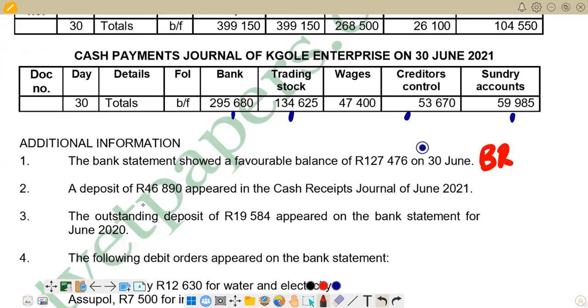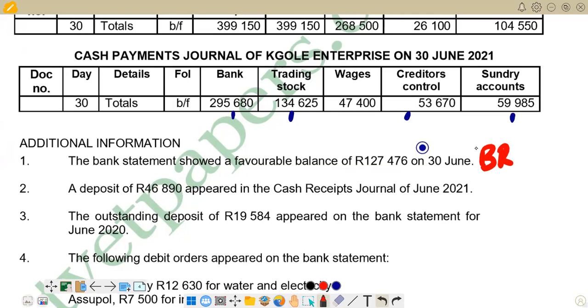You can skip it. Then we go to a deposit of 46,890 that appeared in the cash journal of June 2021. What does it mean? It means this deposit is in the cash receipts journal, but it is not appearing on the bank statement. So this one is going to be adjusted in the bank reconciliation. Remember, when we issue a deposit, money is going to be deposited in the bank.